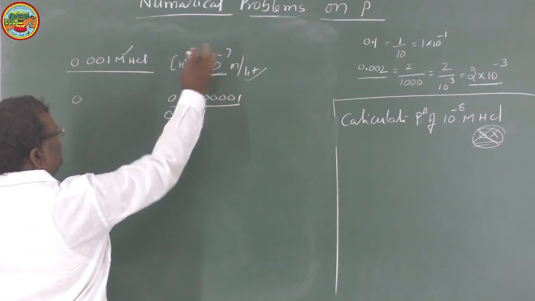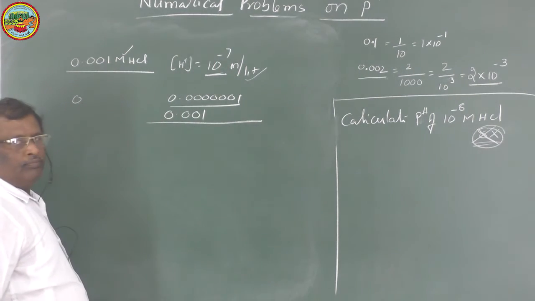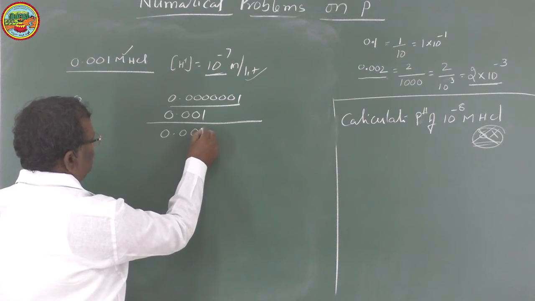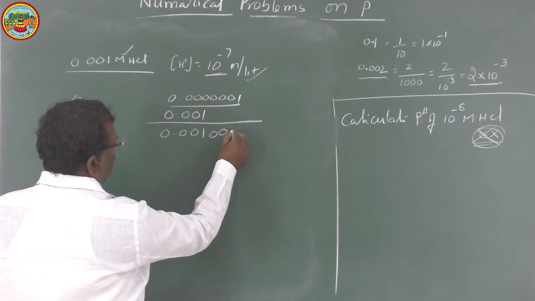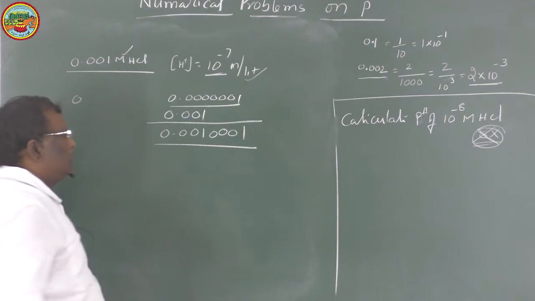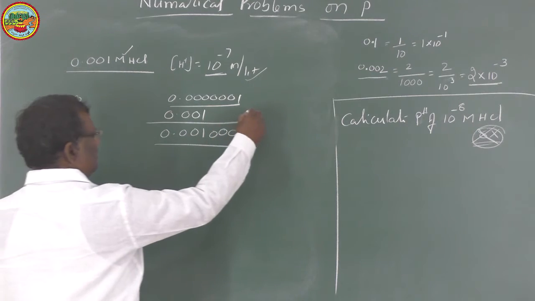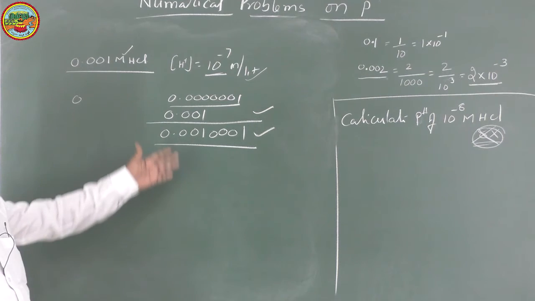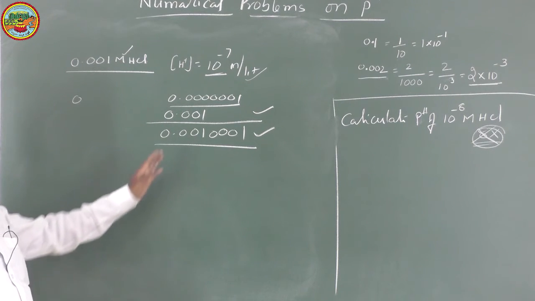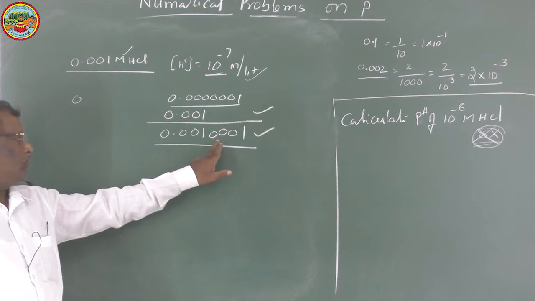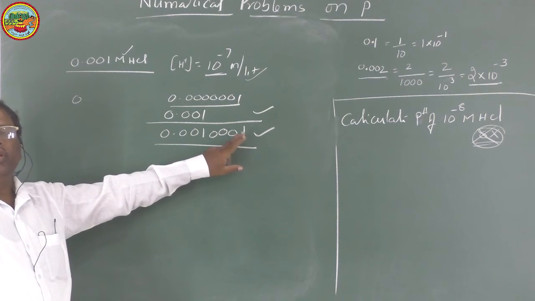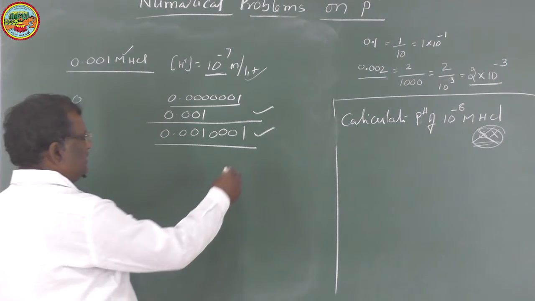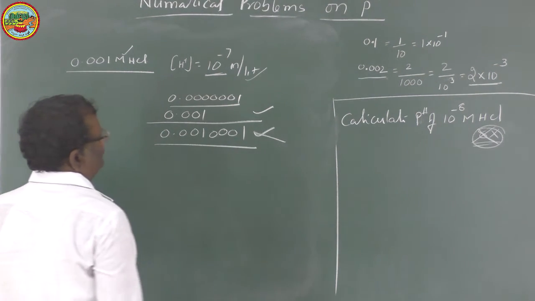If you add it, what are you going to get? 0.0010001. So if you compare these two numbers, they are almost equal, because the digits after the decimal will not give any meaning. That's why, as it is negligible, we neglected it.